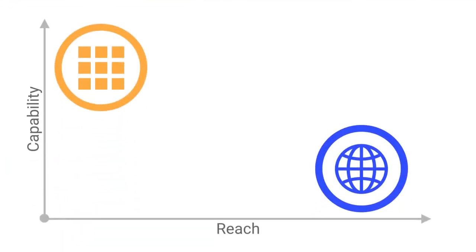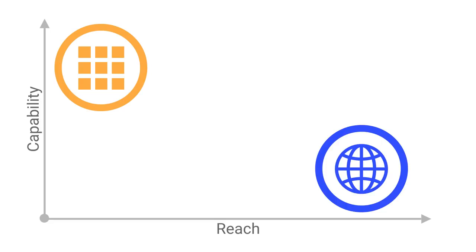One way to think about the difference between native and web apps is on the capability axis. When you tap on their icon, native apps start quickly. They tend to work offline, they can show notifications, sync in the background, and have access to sensors like camera and microphone. But the reach is somewhat limited, requiring a different version for each platform.